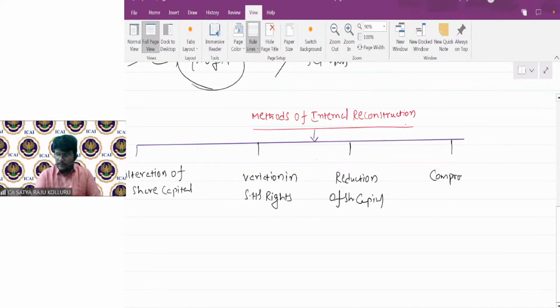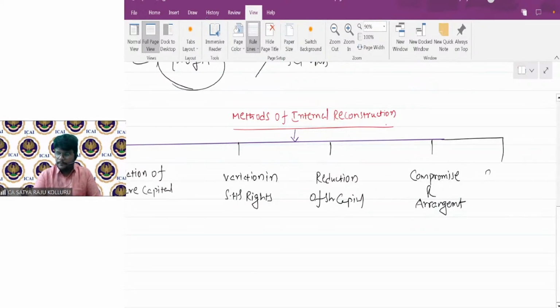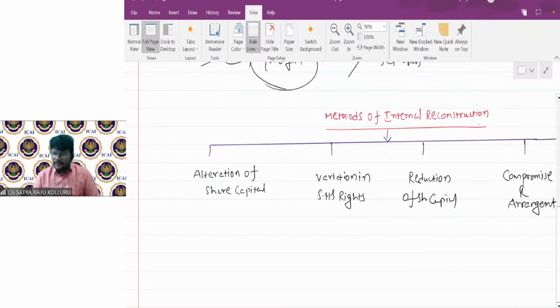Compromise and arrangement is another method. Surrender of shares is the other method. Sir, what are all these things, sir?